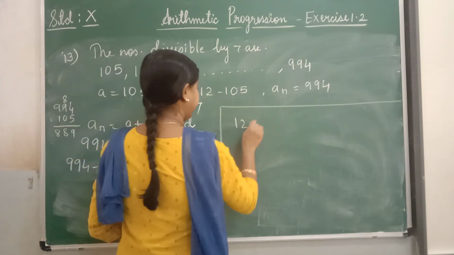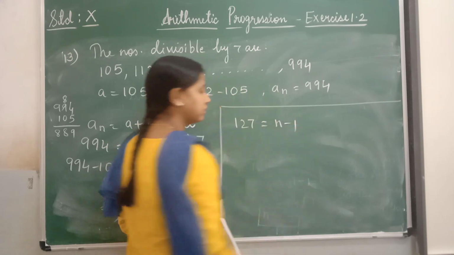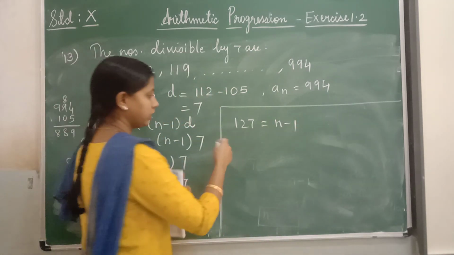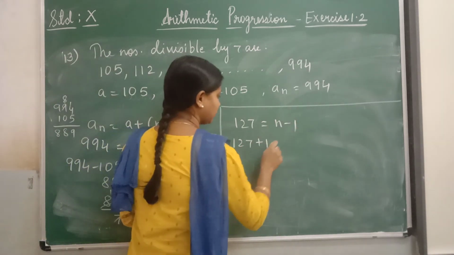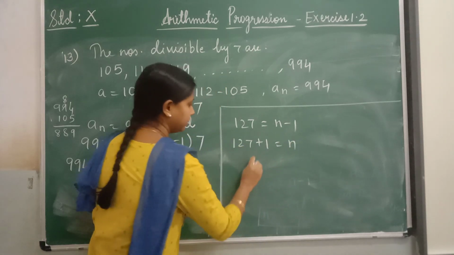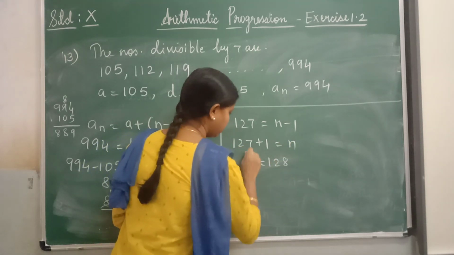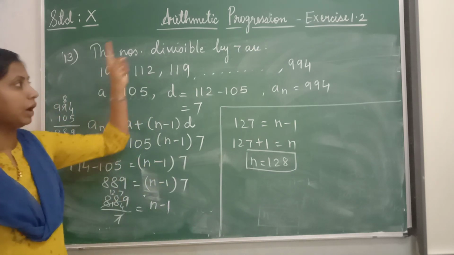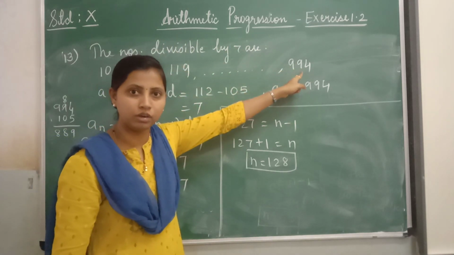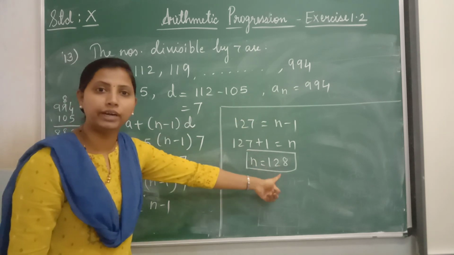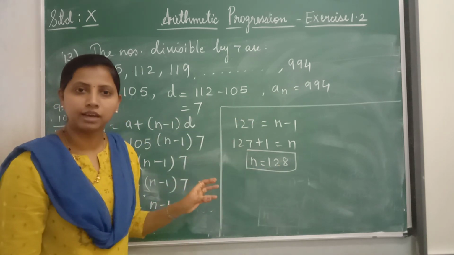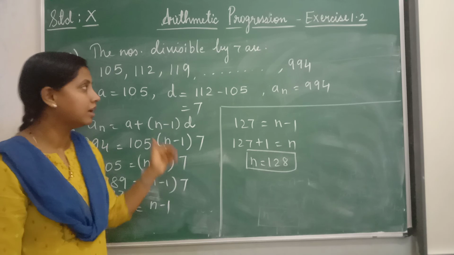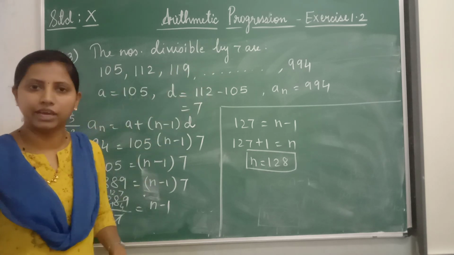So you get 127 is equals to n minus 1. Now minus 1 take on the other side. 127 plus 1 is equals to n. That is n is equals to 128. So how many terms are there between 105 to 994? There are 128 terms. That is 128 numbers are divisible by 7.